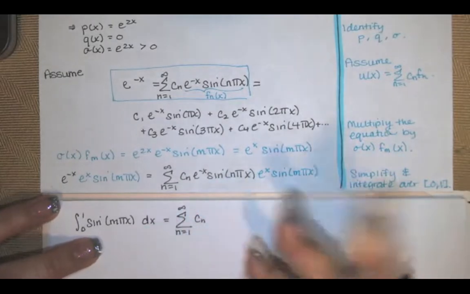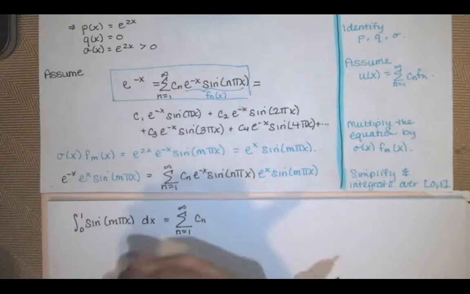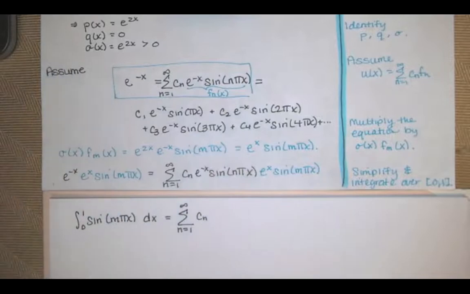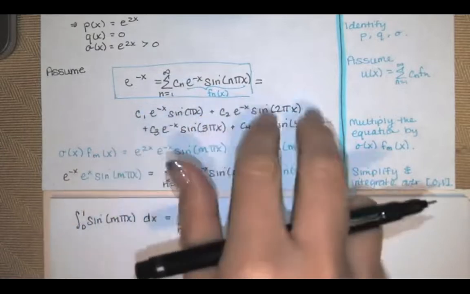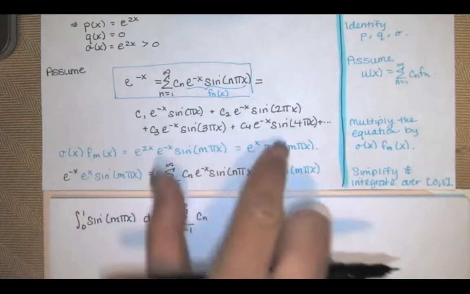Now we could put the integral in front of the summation, but remember the integral of a sum is a sum of the integrals. So we can just pull that integral inside because we're just going to integrate each of the terms in the summation. Remember, this is actually this. So I'm going to multiply each of these guys by a particular function, the weight times the f sub m of x.